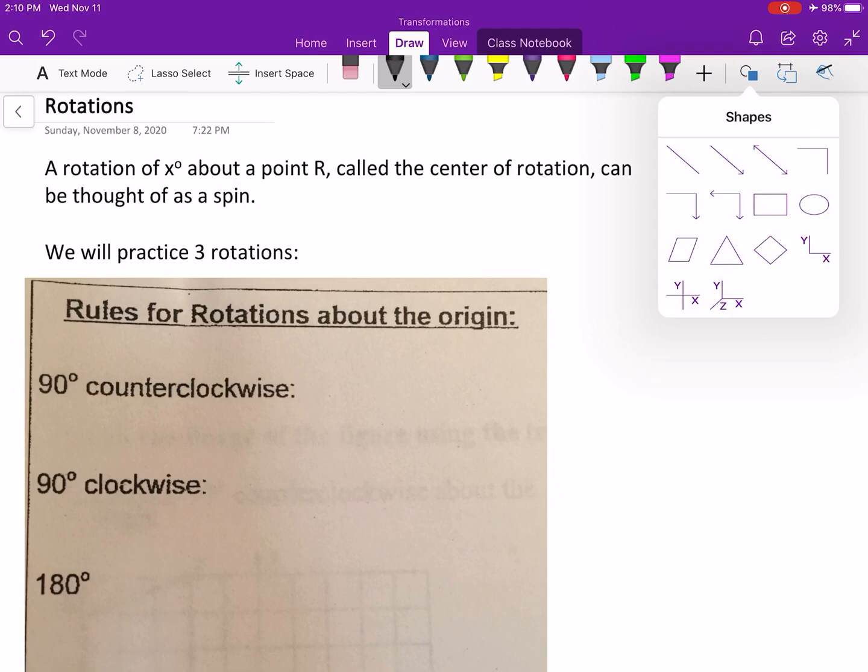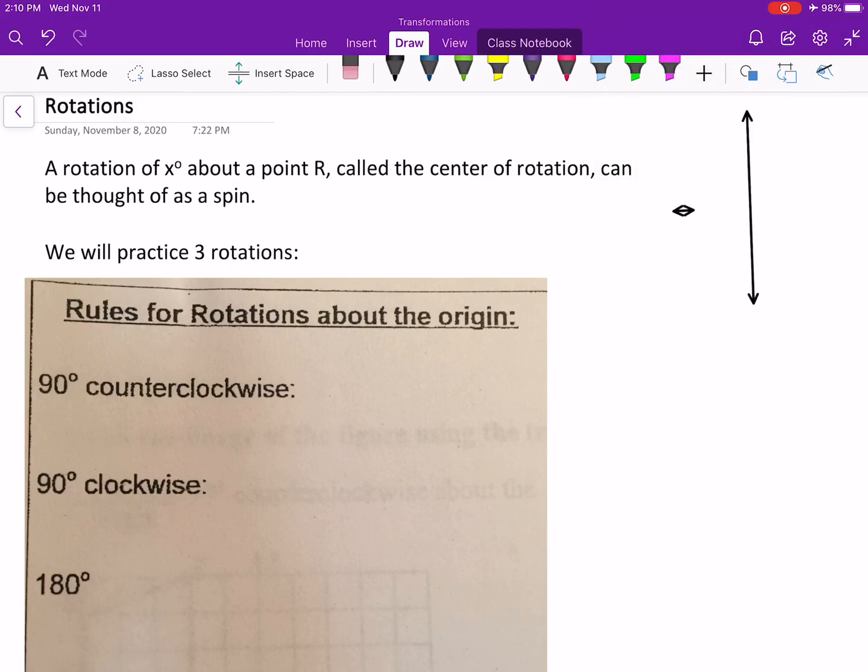I'm going to draw a set of axes so I can explain a little bit about what's going to happen. All right, that's going to be our X and Y axis. And we are going to take some kind of geometric figure and spin it around a point. If, for example, my point that I was going to spin around was the origin, and I was going to spin it in a counterclockwise rotation, which when we're talking about angles, that's normally the way that an angle would open up.